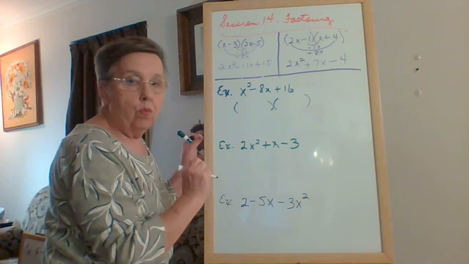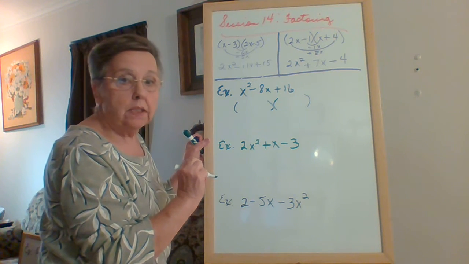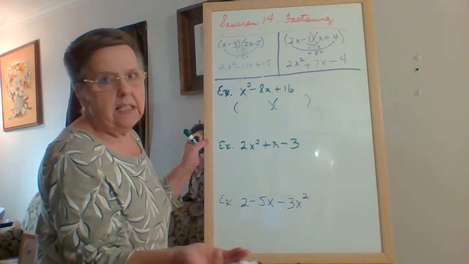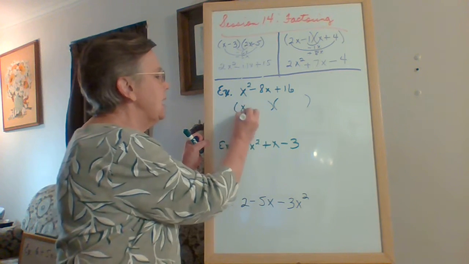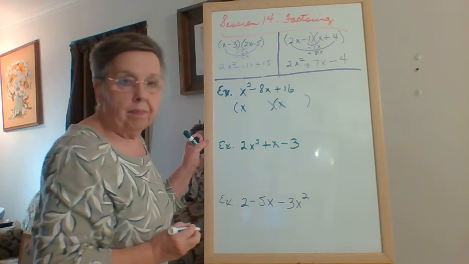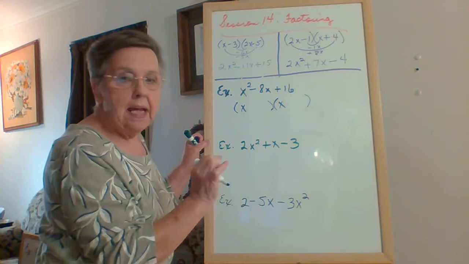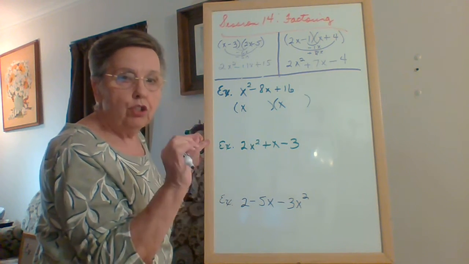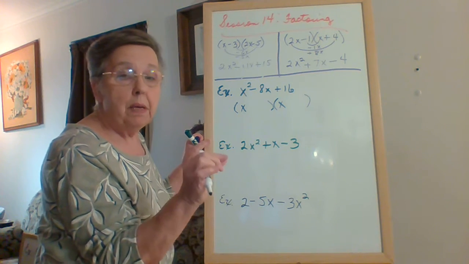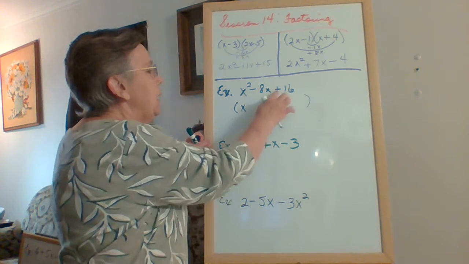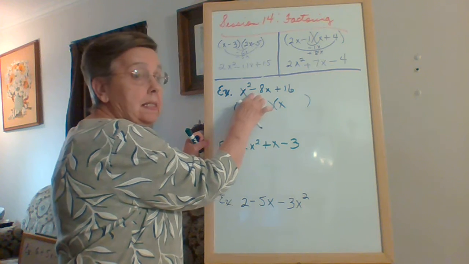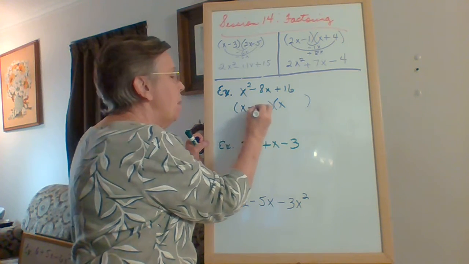X squared. What times what gives me x squared? Fairly simple, so that's x and x. That sign is a plus, so that means I had to have either two plus signs or two minus signs to get me a plus. But look, this is minus, so I'm going to have minus.